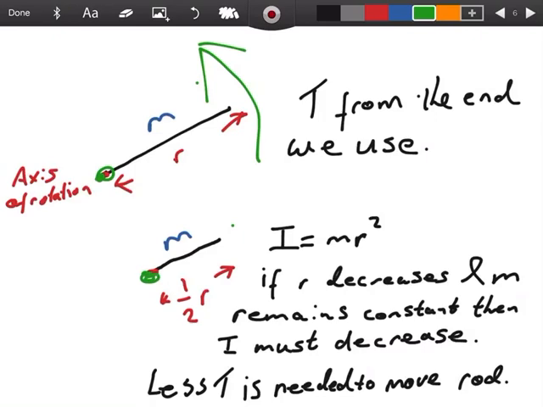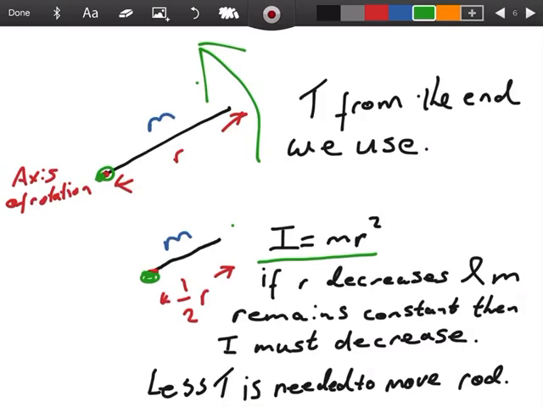Using the equation I equals mr squared, if the radius is decreased and the mass remains constant, that means the inertia must decrease. So it's easier to move an object of the same mass if it's closer to the axis of rotation. I hope you're understanding this.